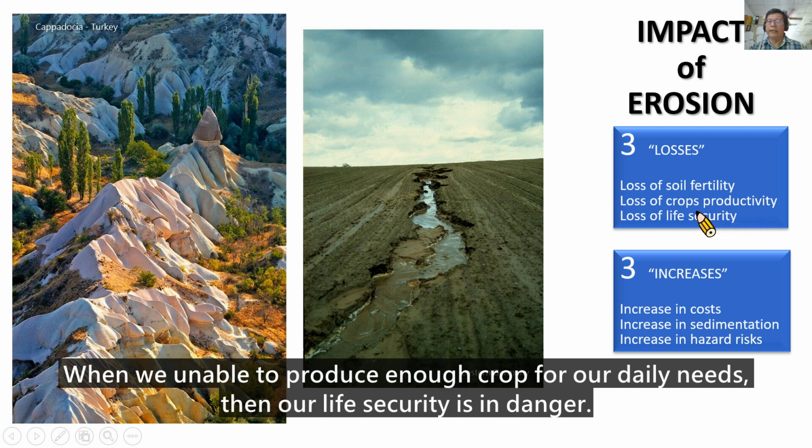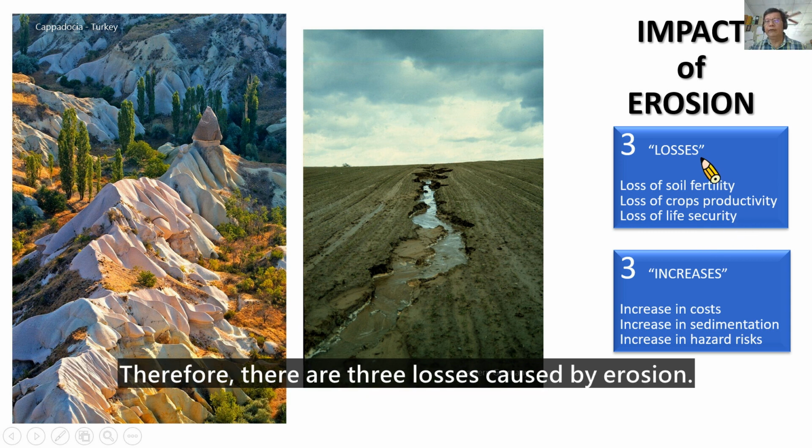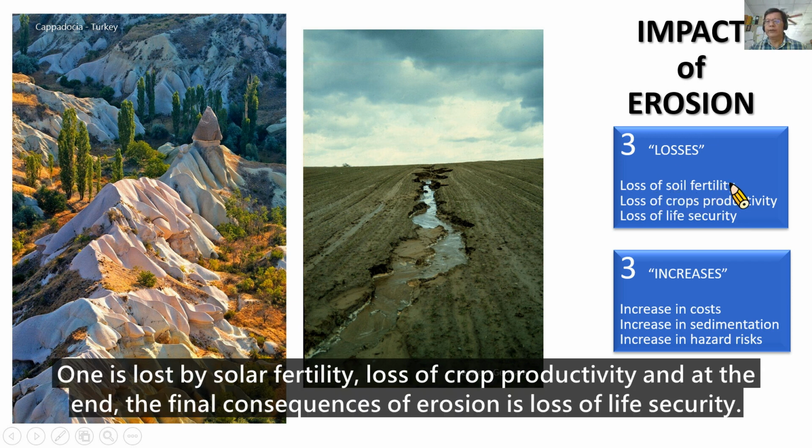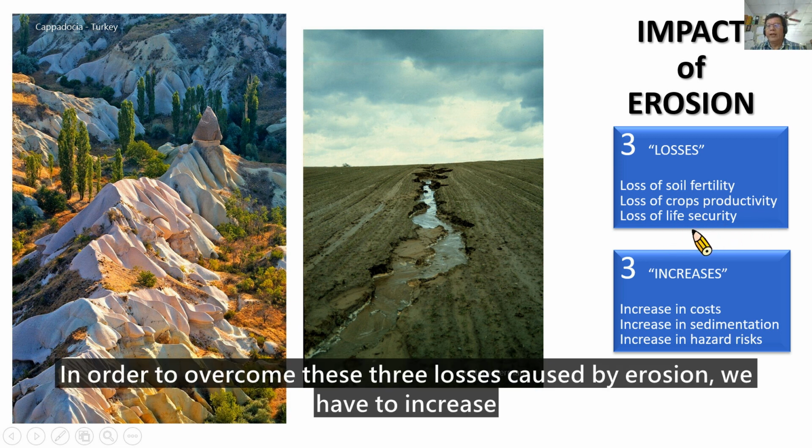When we are unable to produce enough crops for our daily needs, then our life security is in danger. Therefore, there were three losses caused by erosion. One is loss of soil fertility, loss of crop productivity, and at the end, the final consequence of erosion is loss of life security.